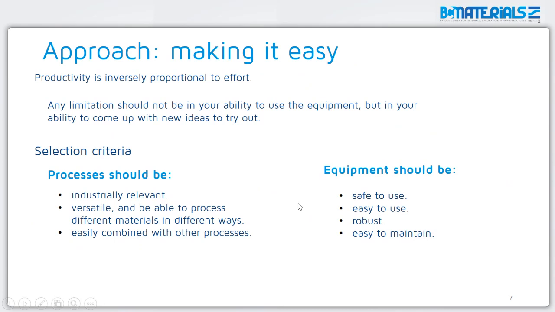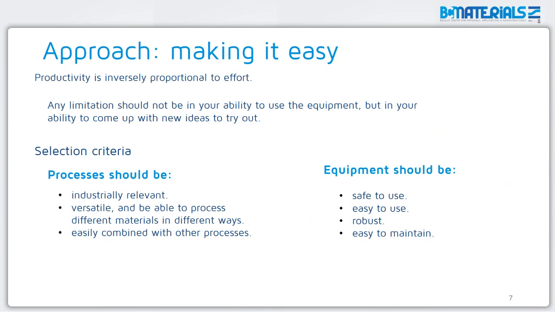So, what is my approach, or what do I want to achieve with the processes that I'm introducing? What I want to do is facilitate your work. There's no point in having a really nice machine, very top-notch equipment, very sophisticated, if it's very complex to use.